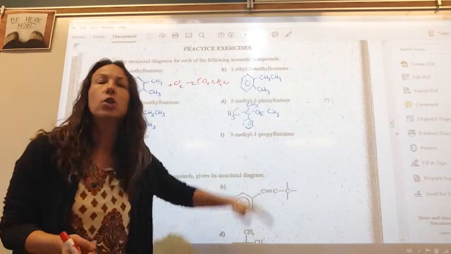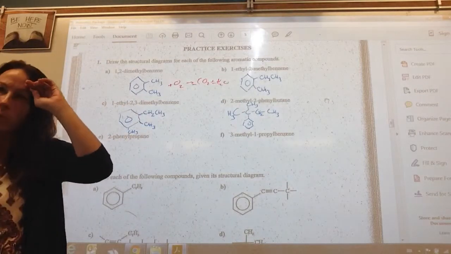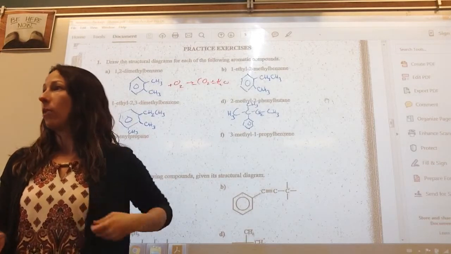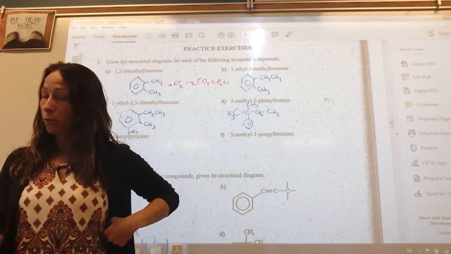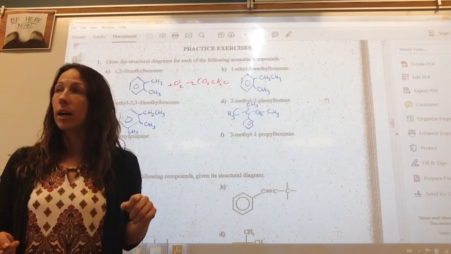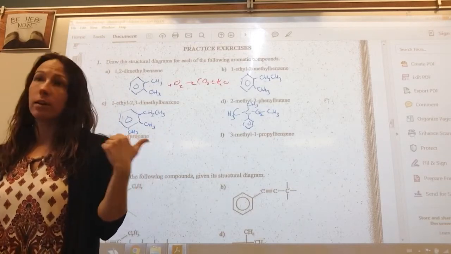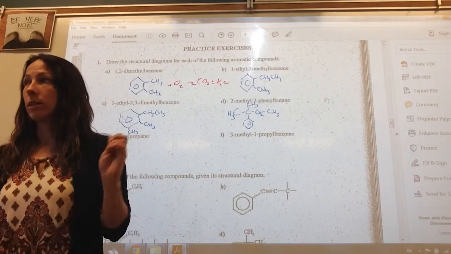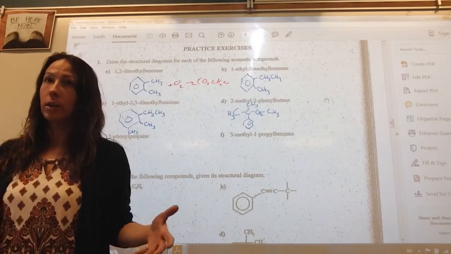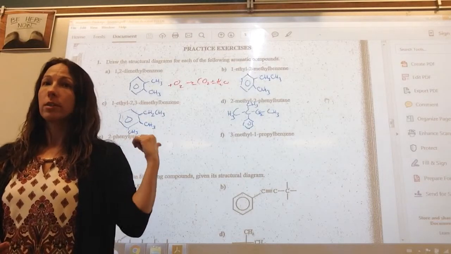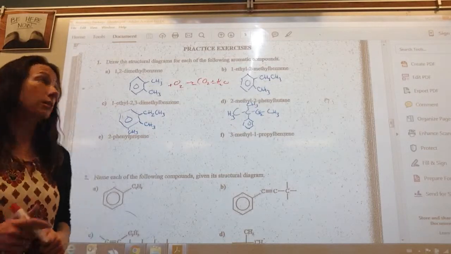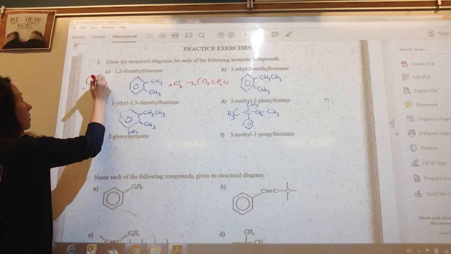Everybody okay with that? For some reason you find it easier to figure out the molecular formula for an alkane, alkene, or alkyne than for an aromatic. So what is the molecular formula, as in C what, H what, for this 1,2-dimethylbenzene? C6H6 for benzene.